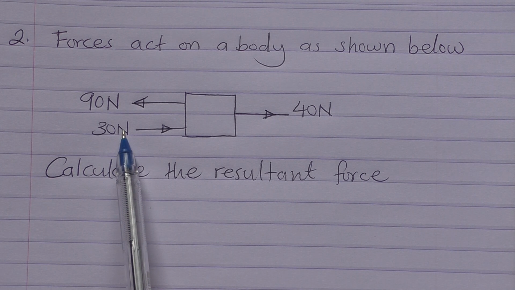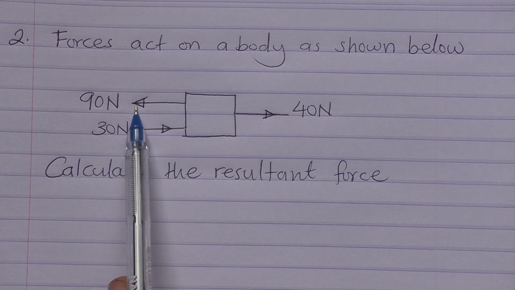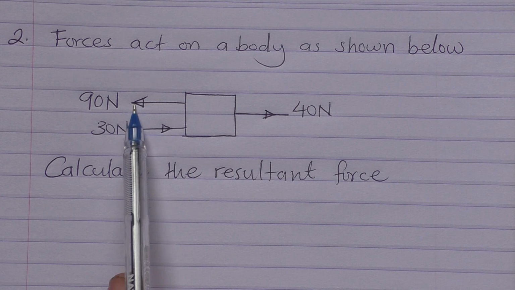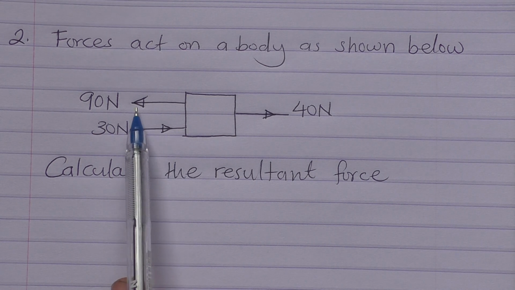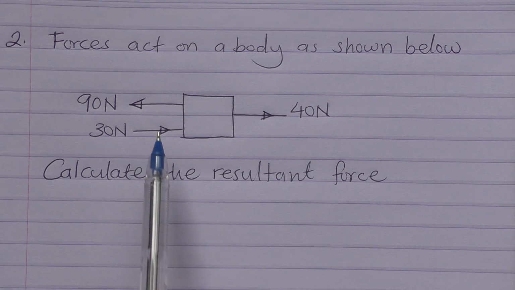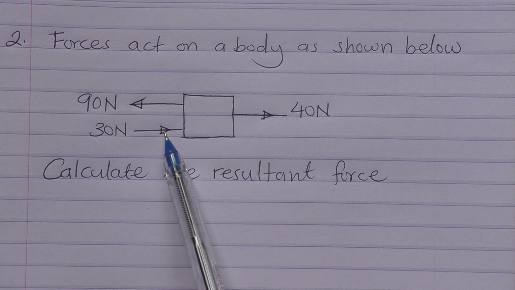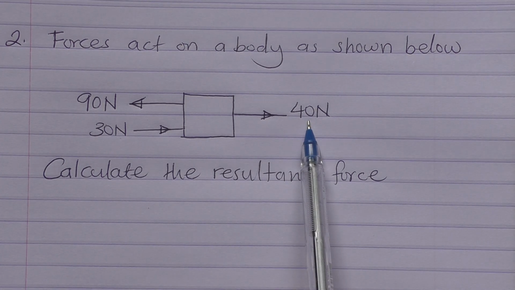So you must always take note of the arrows, because the arrows are the ones that tell us the direction of the force. So these two are opposite because they are in opposite directions. And when you look at the 40 newtons, it is in the direction of the 30 newtons, meaning when getting the resultant, we shall first add the 30 newtons to the 40 newtons because they are in the same direction.